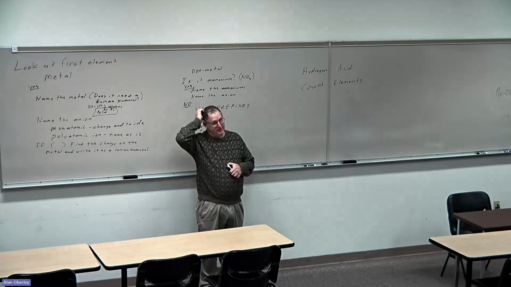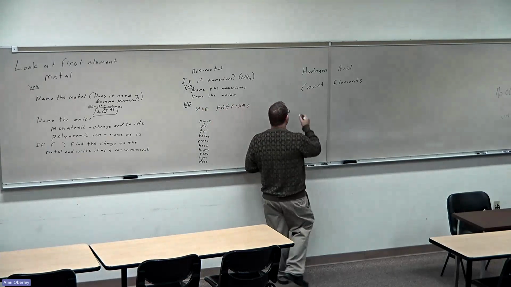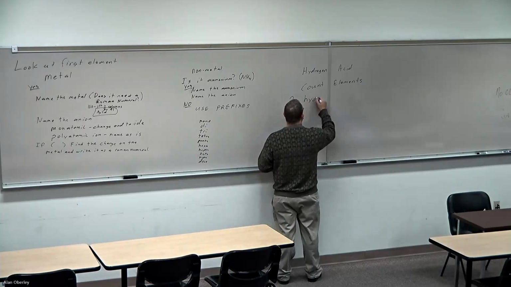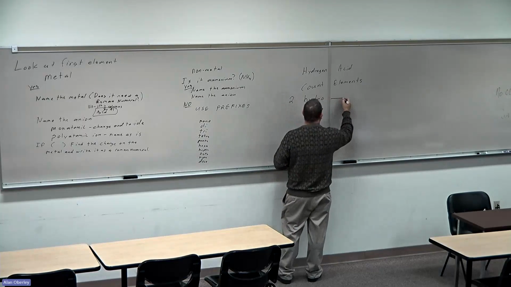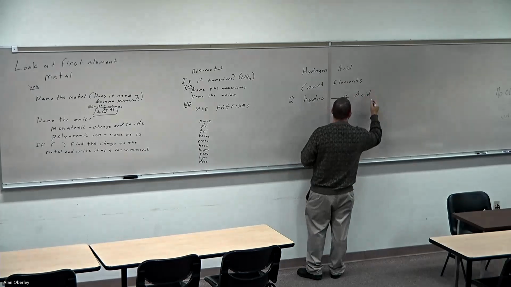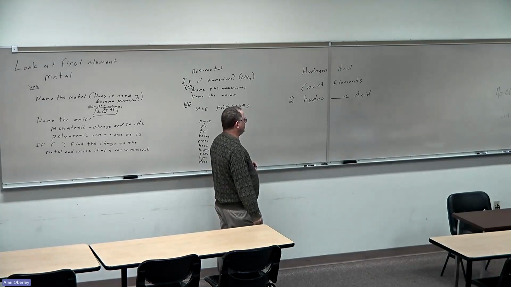Capital letters would be an easier way of saying it, but count the elements. If you get to 2, you're going to put hydro, the element name changed to ic acid. You didn't capitalize the A in acid, but I wanted to make sure you could tell it said acid.